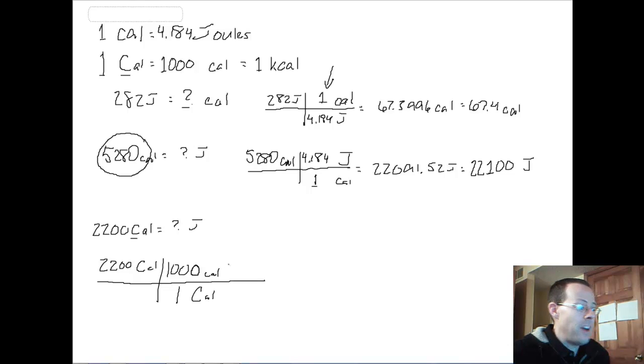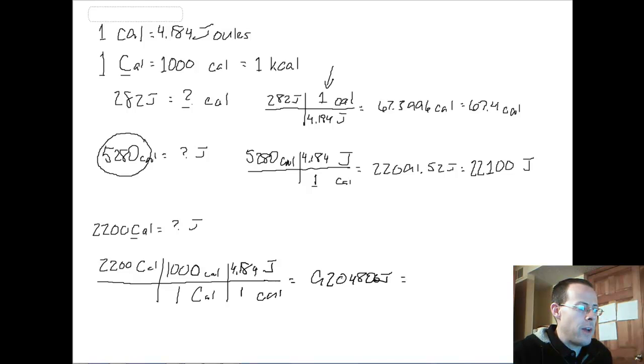So if we stopped our math right now, we would have little c calories. We don't want little c calories, we want joules. So we're going to do one more fence post and go from calories to joules, and this relationship is 4.184 to 1. And we're going to simply multiply across the top, multiply across the bottom, which is just 1, and simplify. And in our calculator, we're going to get a number that's really big, to the tune of 9,204,800 joules.